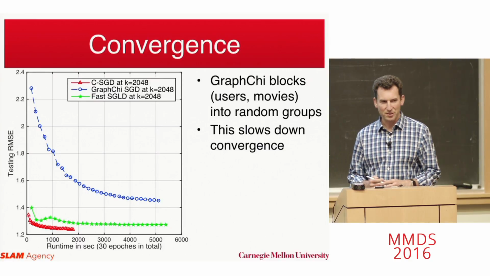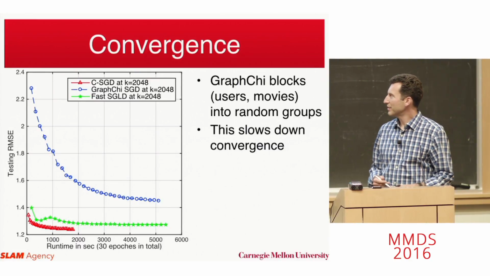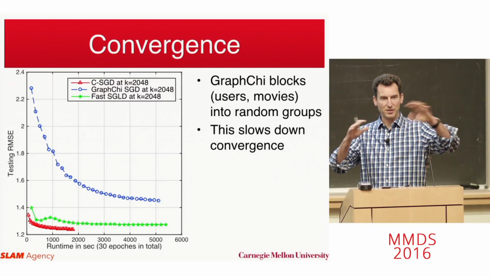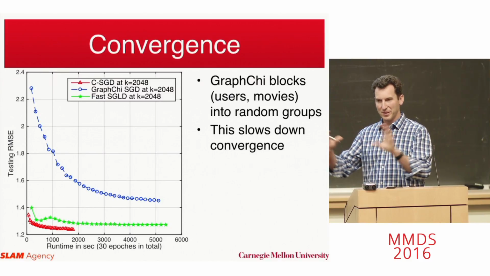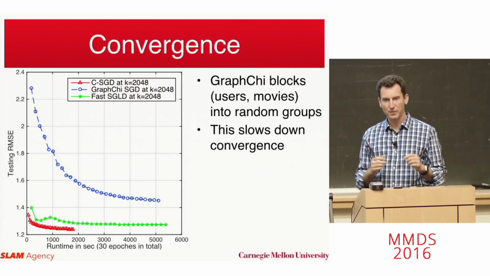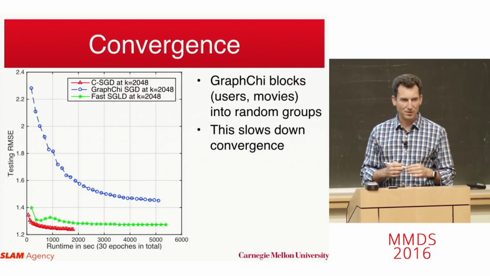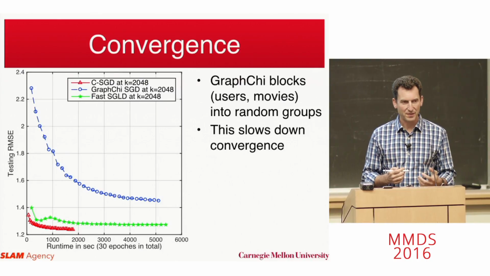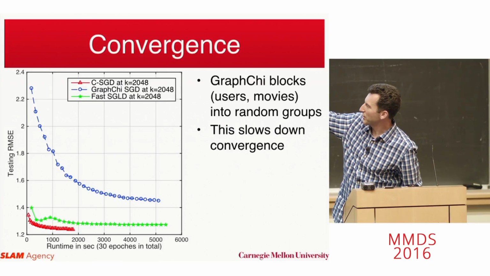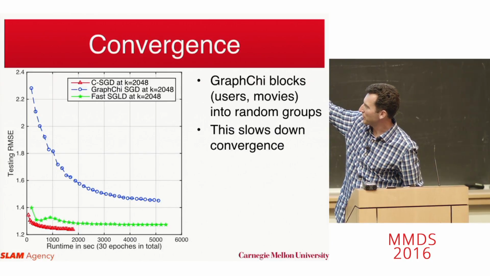Now, back to the convergence issue. What you see here is three curves. The blue curve is GraphG, which has those macro blocks, and it only mixes once it's done with one row of the checkerboard. The red line is our solver, and you can see two things. First of all, it's faster. The little triangles are much more closely spaced together. That's the same number of iterations.